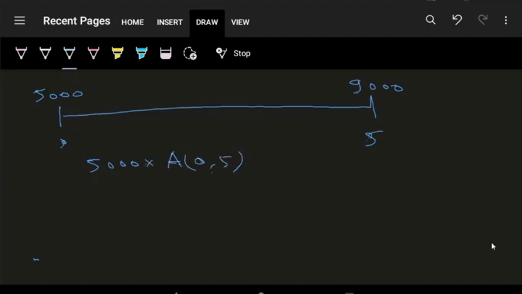This A(0, 5) represents the accumulation factor of this duration between 0 and 5. So we know that the accumulation factor when multiplied with capital gives us the accumulated amount. So we have accumulated amount of 9,000 here. From this equation, we get accumulation factor of 0 to 5 as 1.8.